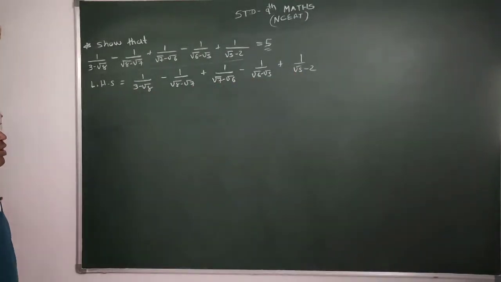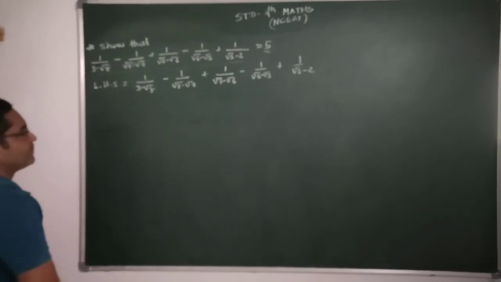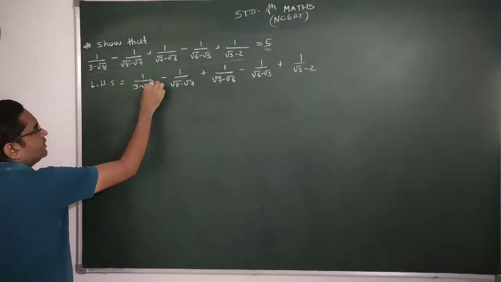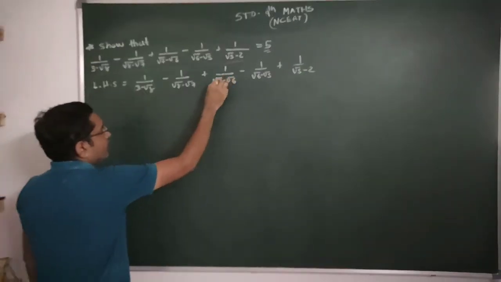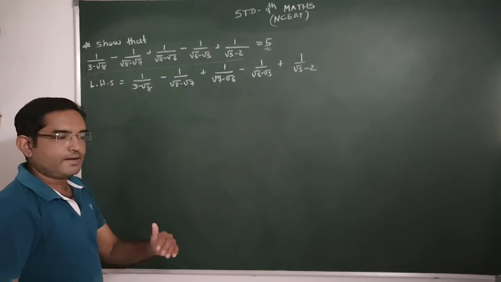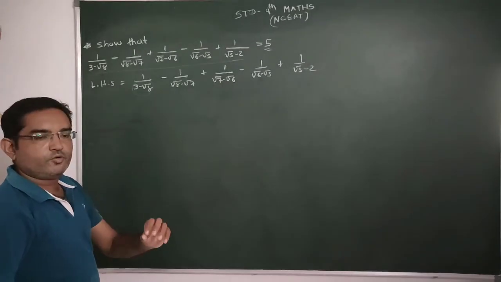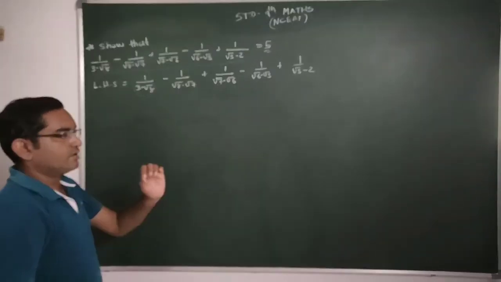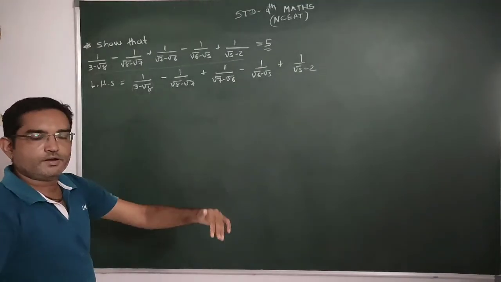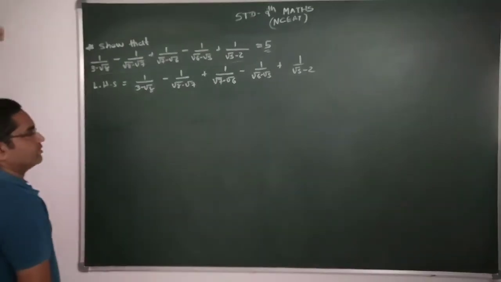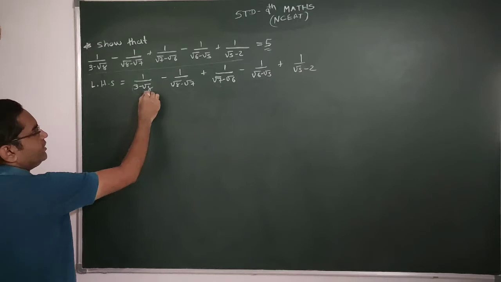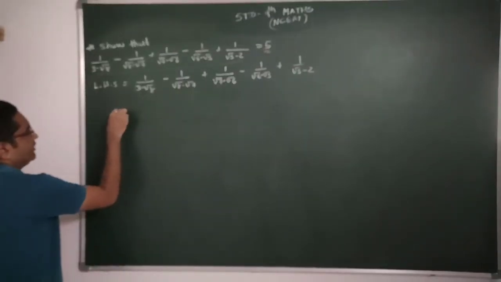So how many terms are there? 5 terms. Check each term. Here check the denominator. All the denominators are irrational numbers. So whenever the denominators are irrational numbers, the first step is to perform rationalization. Rationalization of the denominator, you have to convert these irrational denominators into rational denominators. For each term you have to perform rationalization.